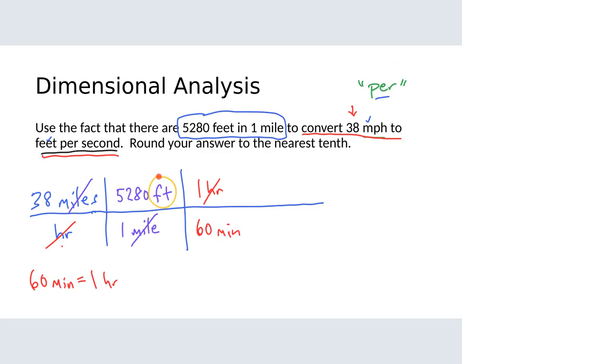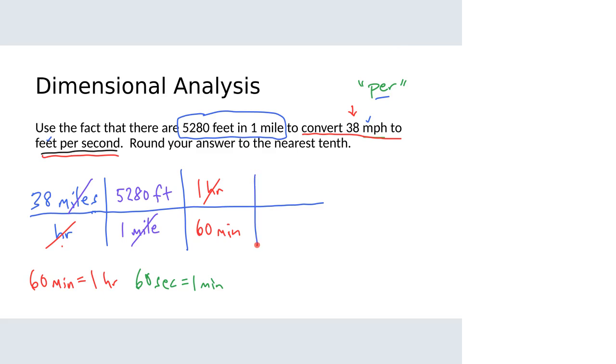My units right now are feet per minute. If I were to quit here, I would have feet per minute. Well, it's not what I want, but I am closer than I was before. And now I get to another fact that I actually do know, that there are 60 seconds in 1 minute. So I can use that as a unit fraction.